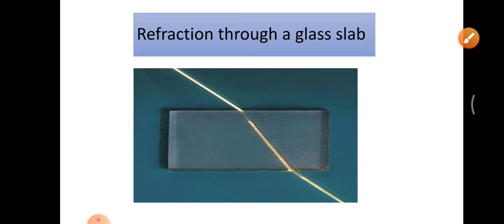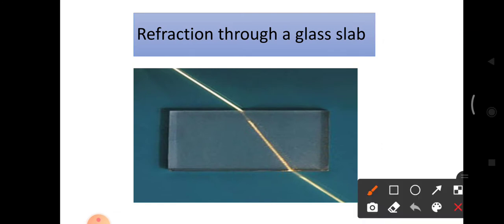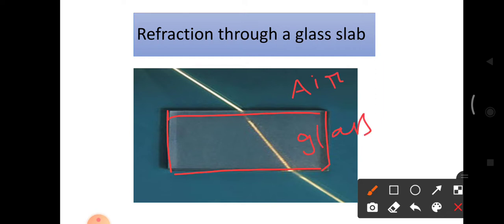The next one, refraction through a glass slab. If you take a glass slab, this is a glass slab. This is the air medium and this is glass, and again this is air. When the light travels from air to glass, it undergoes refraction. Again it travels from glass to air and is refracted again.